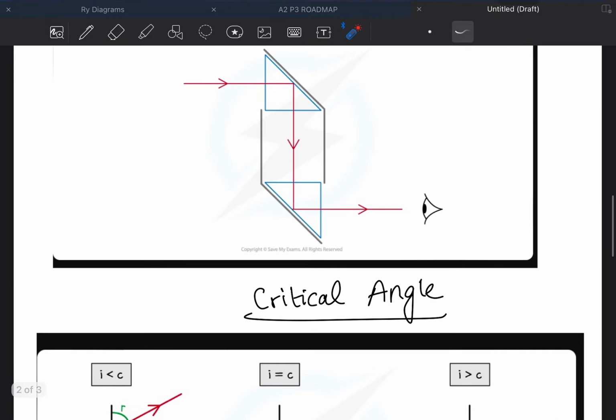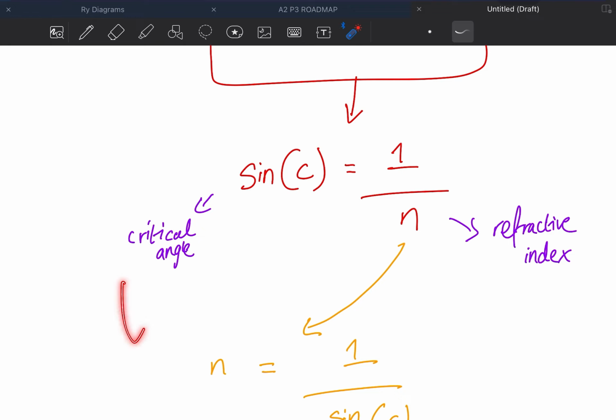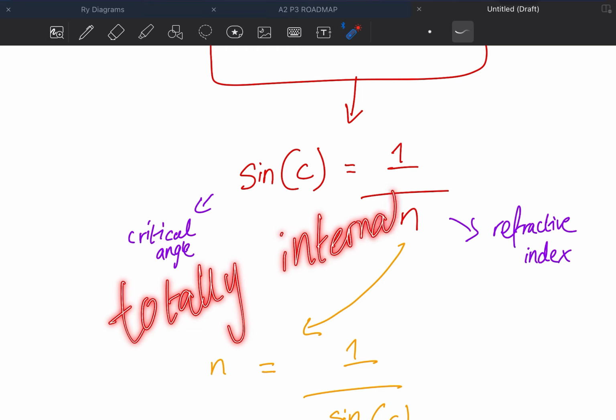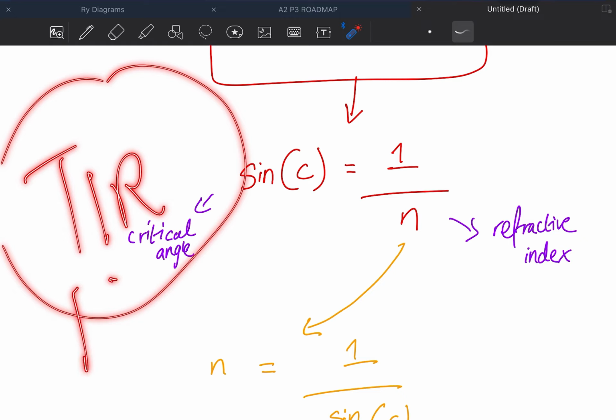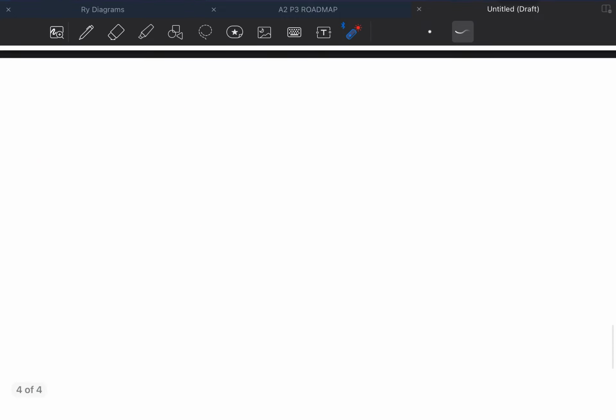One thing I forgot to tell you about the critical angle: when light rays are inside a material that has a high refractive index, they are more likely to be totally internally reflected, which means they have more chances of TIR, total internal reflection. Now optical fibers, this is in your syllabus.